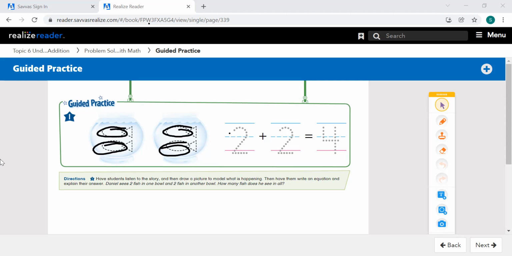We have 2 fish, that's one group in the first bowl, plus another 2 fish in the second group. 2 plus 2 equals what? You're going to count both sets of fish. 1, 2, 3, 4. 2 plus 2 equals 4. All right, let's continue.